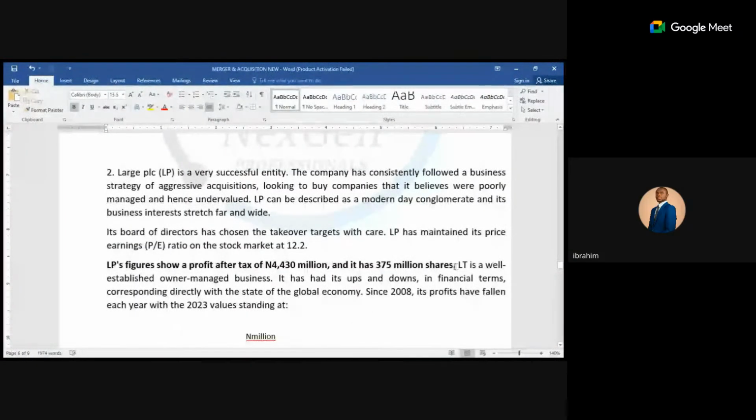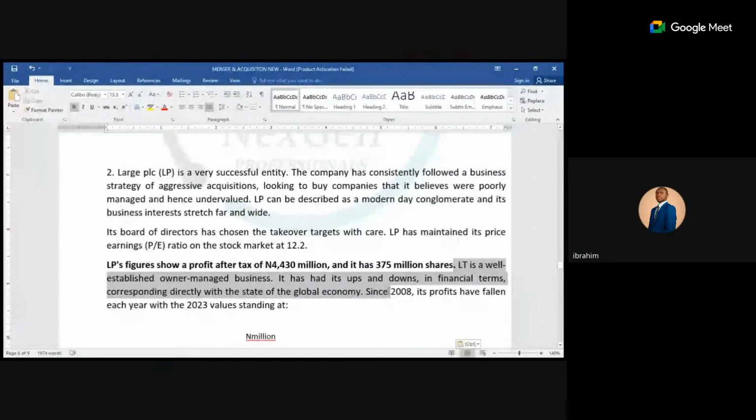LT, which is different from LP. Don't forget, LP is the acquiring company, which is the main company. LT is a well-established owner-managed business. It has had its ups and downs in financial terms, corresponding directly with the state of the global economy.